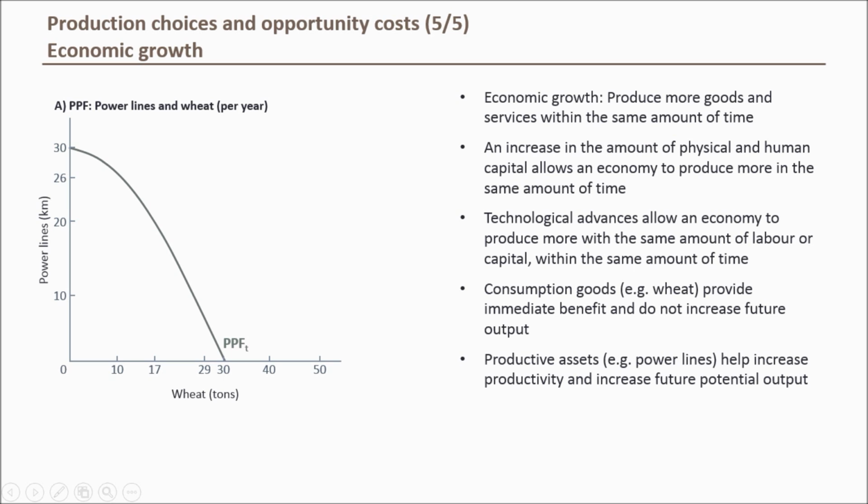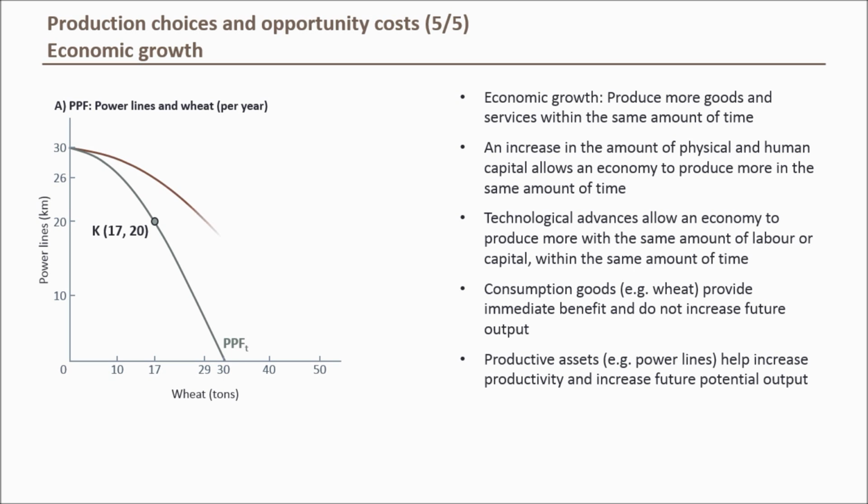Figure A illustrates our basic economy and the line labeled PPF t, the original PPF curve. Let's assume point K represents the allocative efficient point for this economy, and that due to improvements in crop technology, farmers are able to produce more wheat given the same amount of land, labor, and time. To represent this increase in productivity, we need a new PPF line, which contains new and larger production efficient combinations.